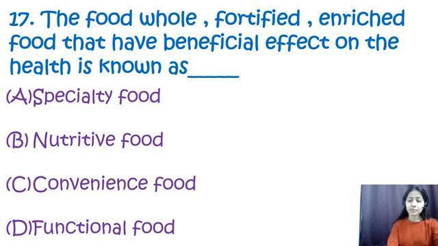They have been fortified with vitamins, minerals, and other nutrients that have been seen to provide health-promoting properties. It is believed that they promote healthy hearts, reduce depression, or boost immunity. So here the correct option is option D, that is functional foods.